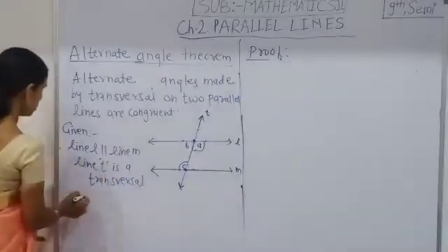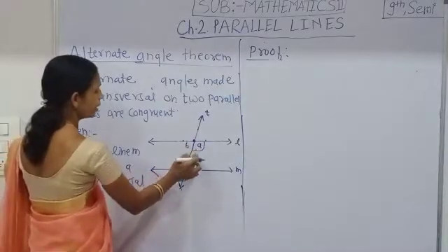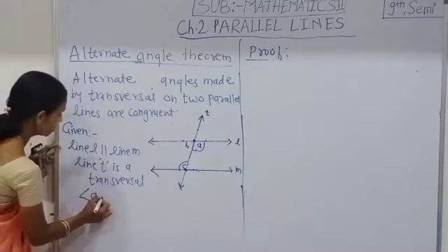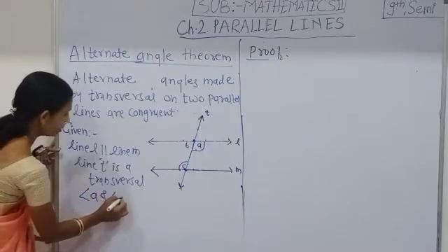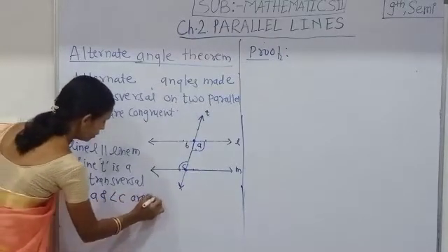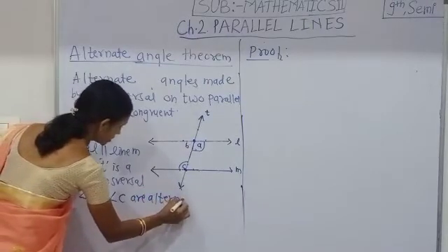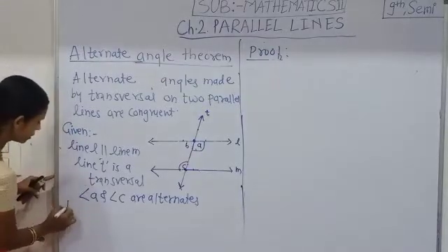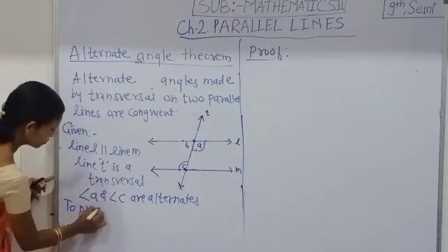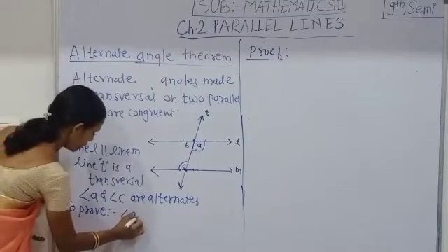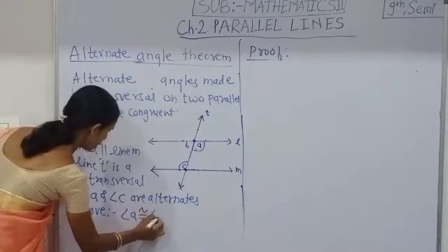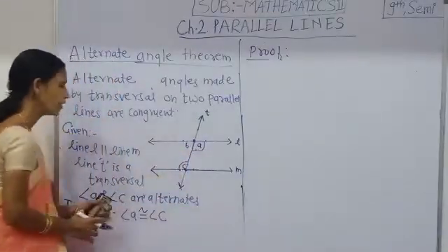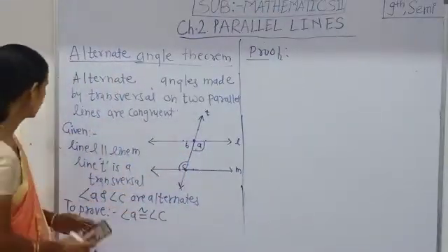Then here angle A and angle C are alternate angles. Therefore, angle A and angle C are alternate angles formed by a transversal on two parallel lines. Then we have to prove that angle A is congruent to angle C. We have to prove this property.